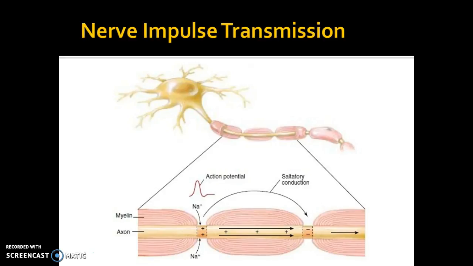This decreases the peak twitch tension, so the contraction's not as strong, and it causes a corresponding decrease in firing frequency, so there'll be fewer contractions before they fatigue.